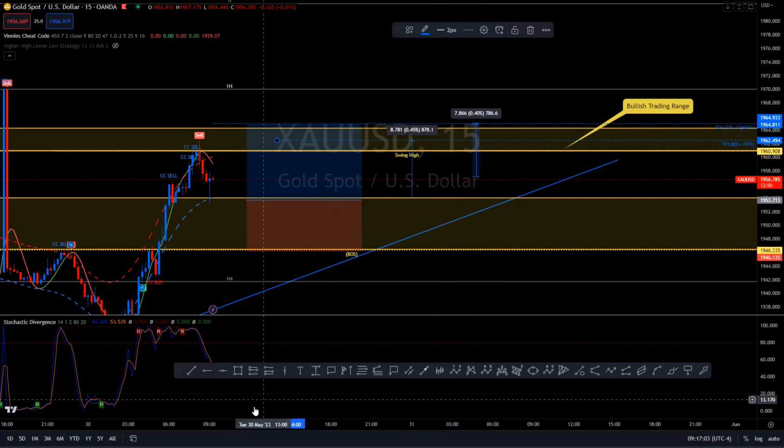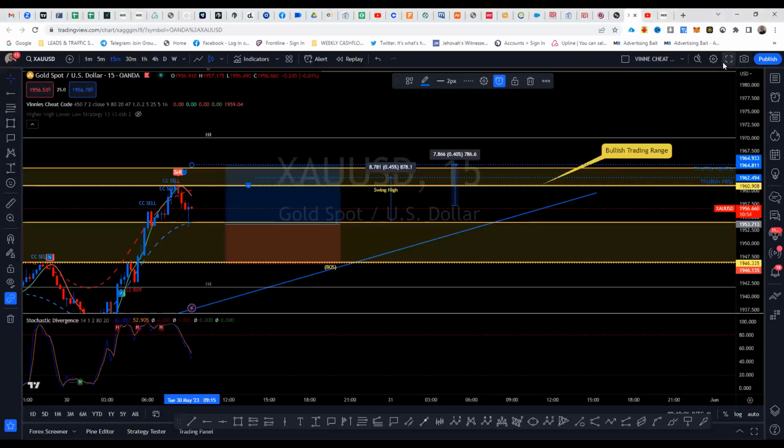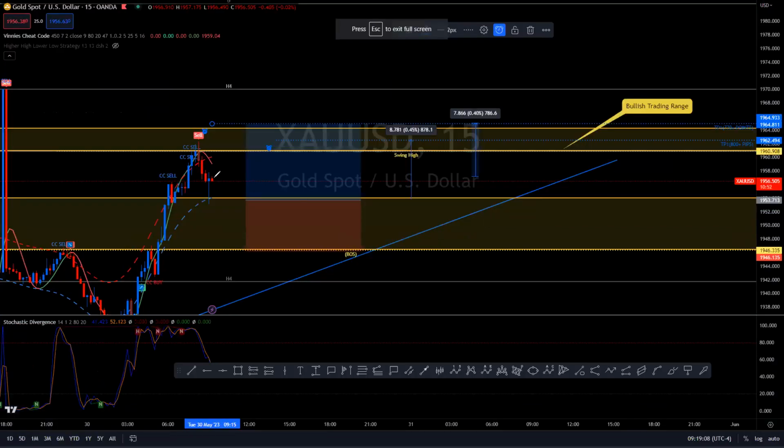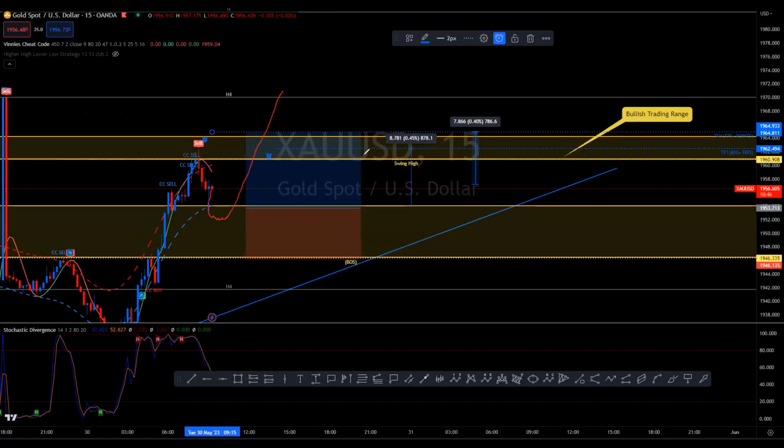So let me go ahead and set my alerts and then we'll move to the next step. Set my alerts. Now, price could sell a little bit more down in here and then go up. That could happen.